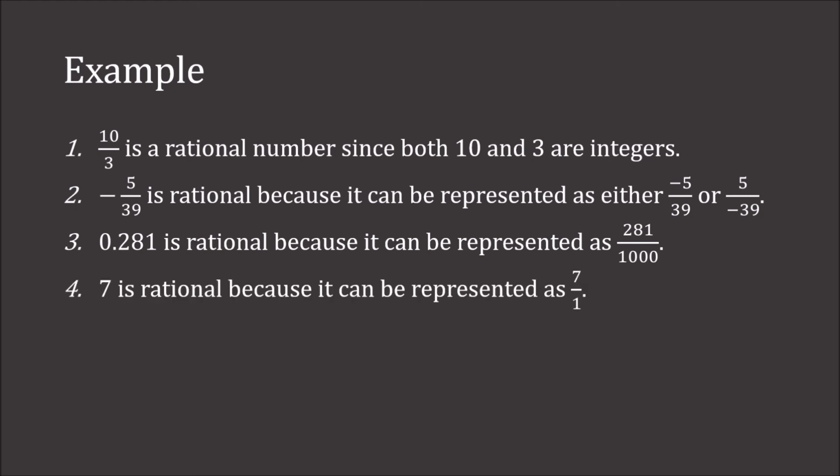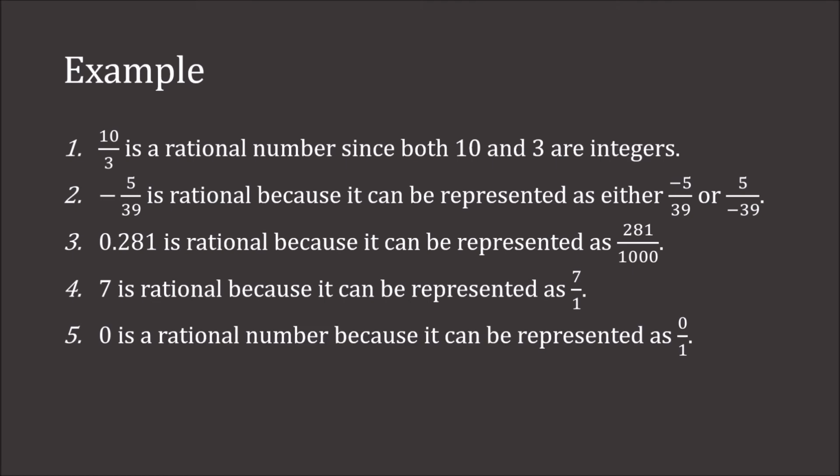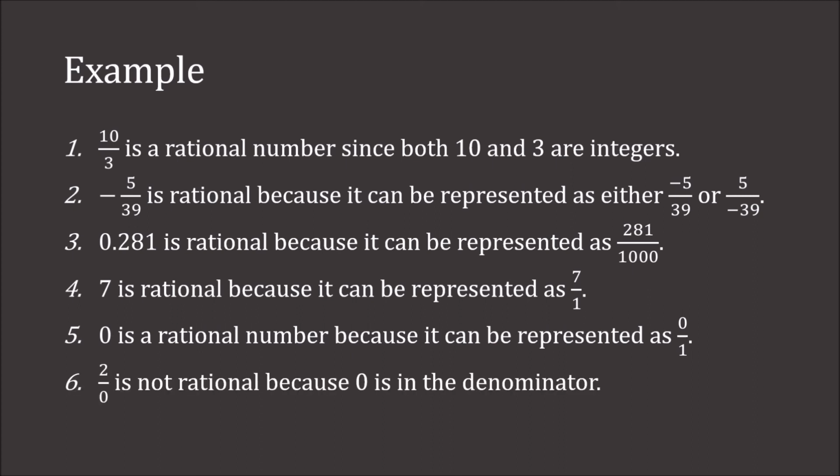7 is rational because it can be represented as 7 over 1, and 7 and 1 are both integers. 0 is rational because it can be represented as 0 over 1, and both 0 and 1 are integers. 2 over 0 is not rational because there's a 0 in the denominator.